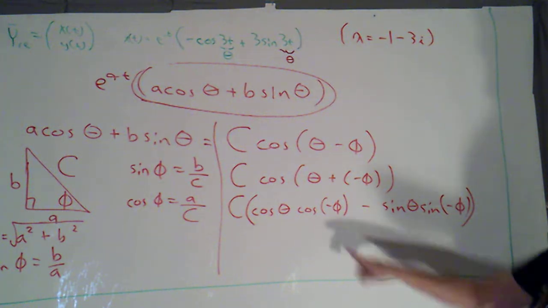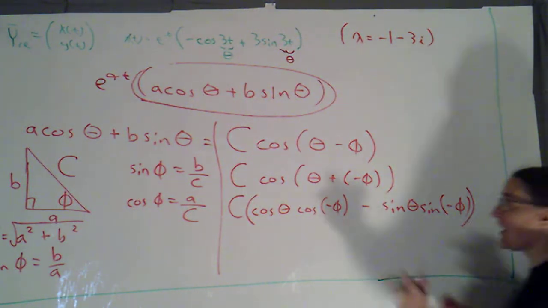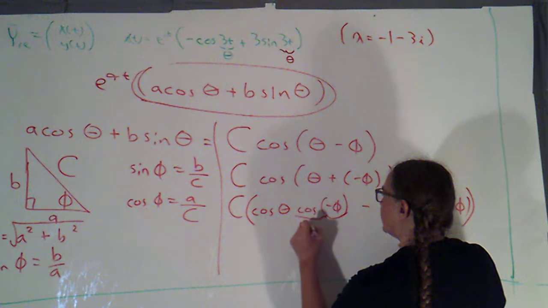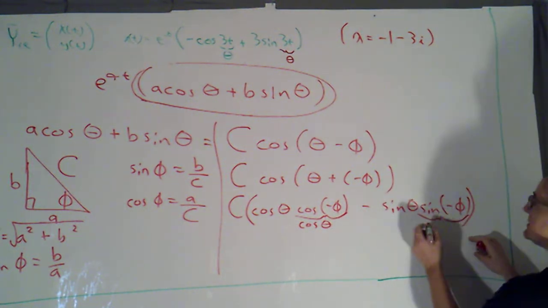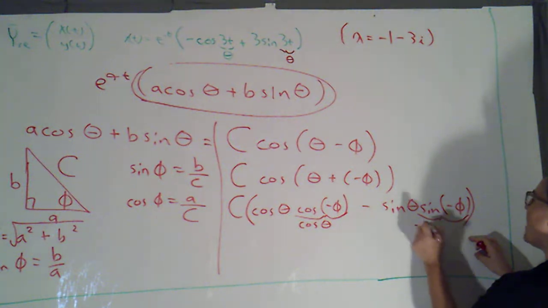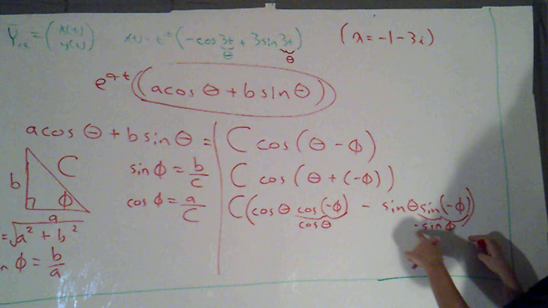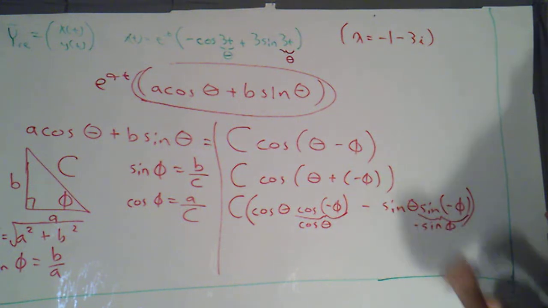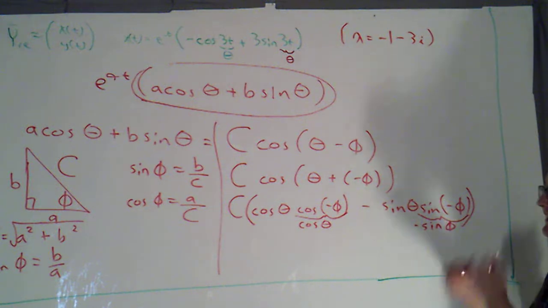Now I can use the fact that cosine is even, so this is the same as just cosine of phi. Sine is odd, so this is just the opposite of sine of phi, and that negative will then cancel with the negative that I have in front. Now I'm going to write things in terms of a's and b's.